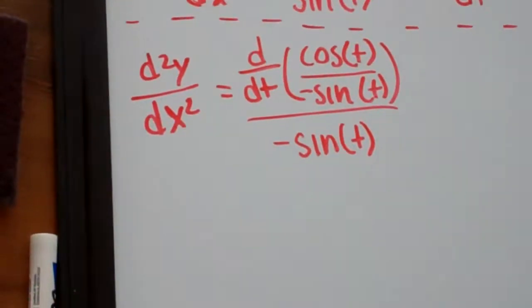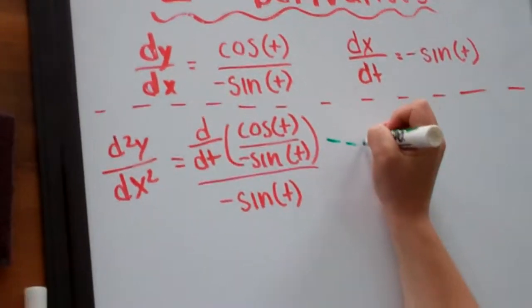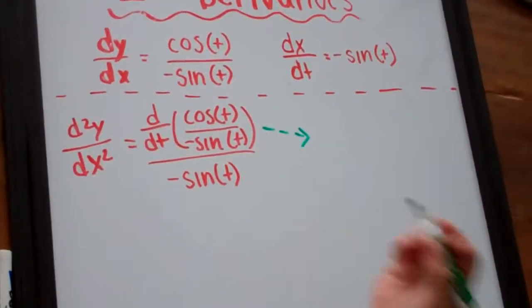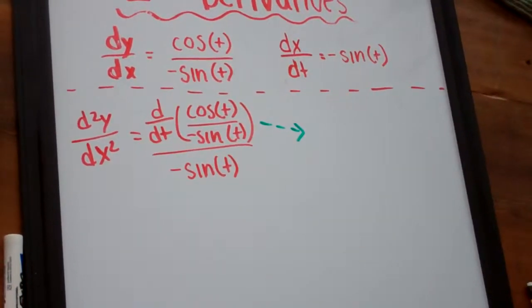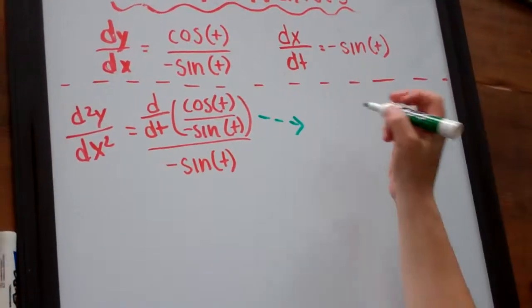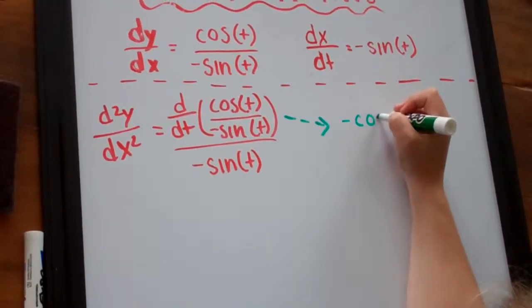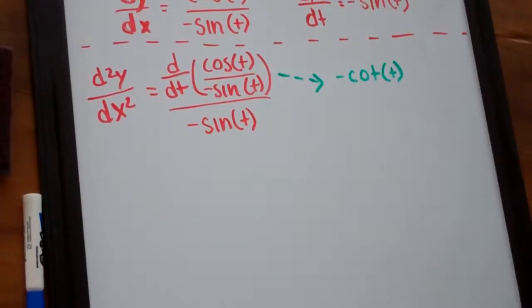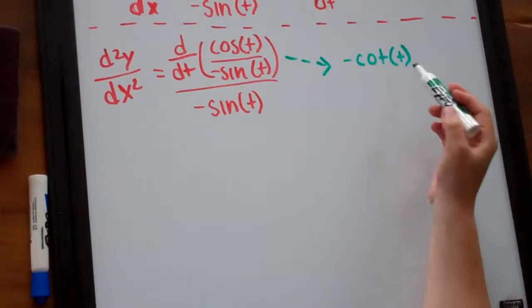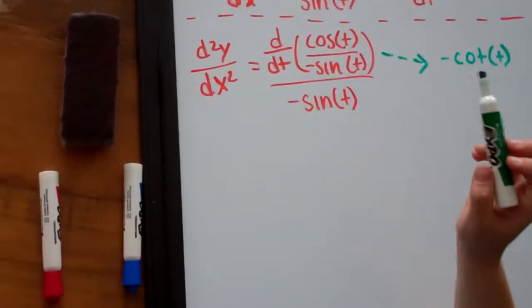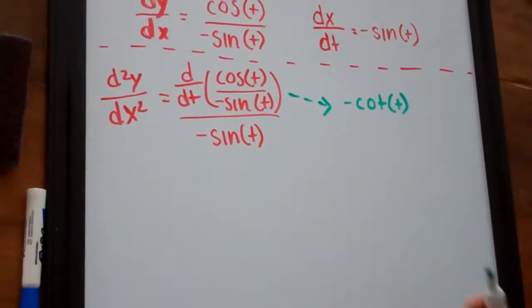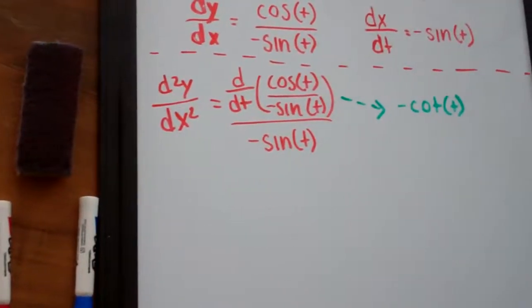Alright, now we use some trig identities. So we know that cosine over sine equals cotangent, and since that sine is negative, it's going to be a negative cotangent of t. Now we can just find the derivative of this negative cotangent of t instead of having to use the quotient rule to find the derivative of cosine of t over negative sine of t.